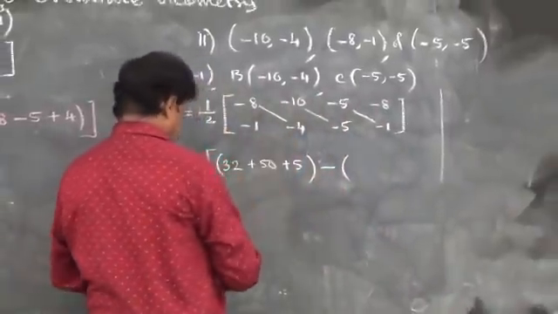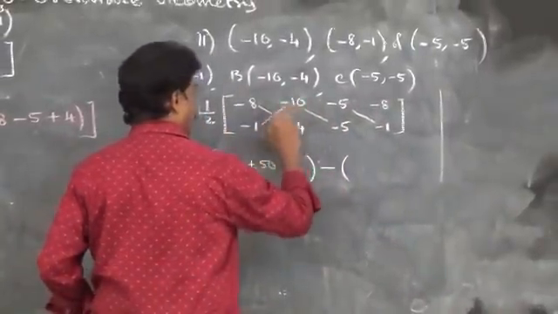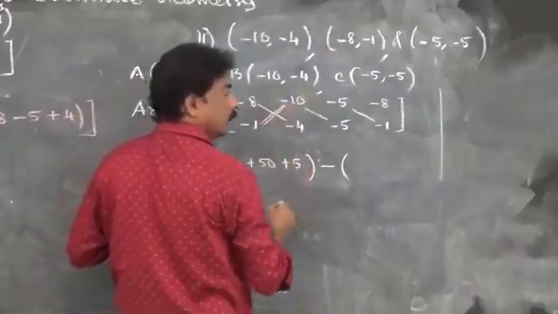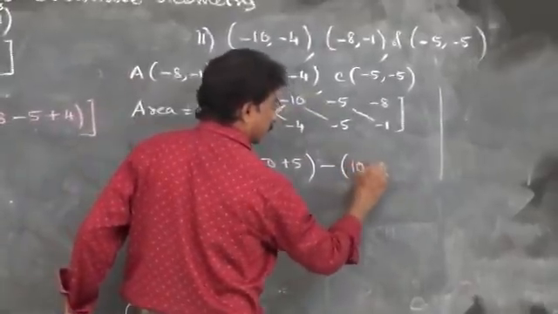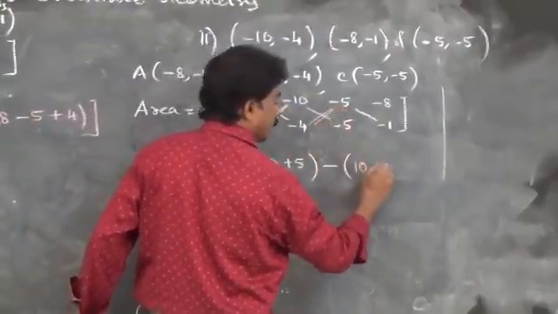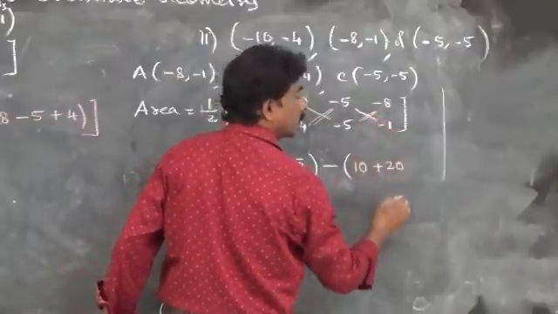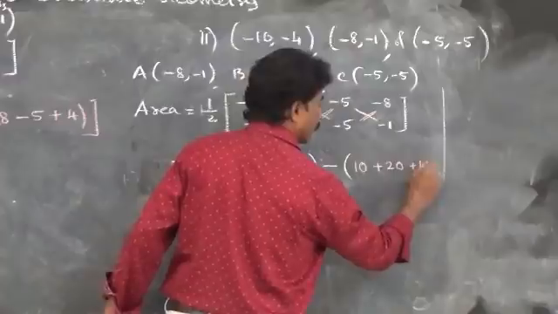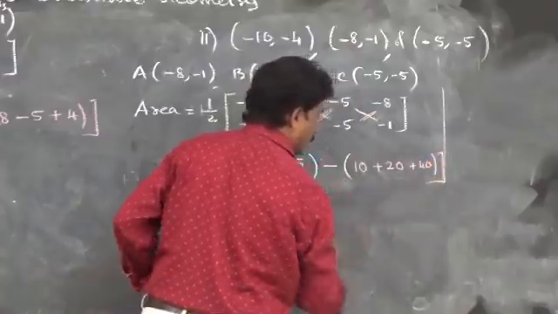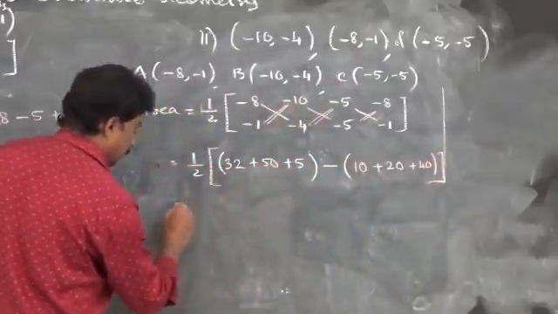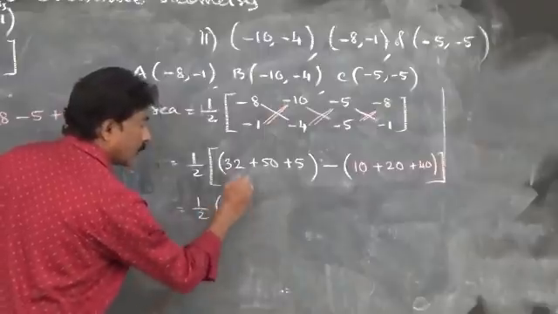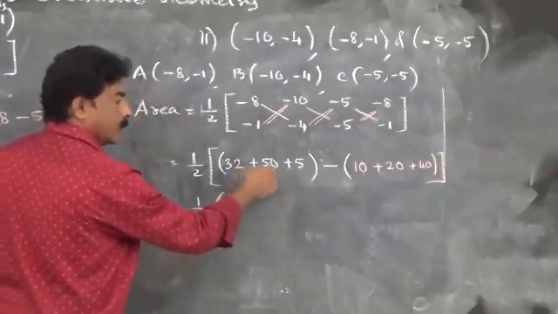When you multiply this one, minus 1 into minus 10 is plus 10. Minus 4 into minus 5 is plus 20. Minus 5 into minus 8 is plus 40. So that is 1 by 2, 32, 82, 87.